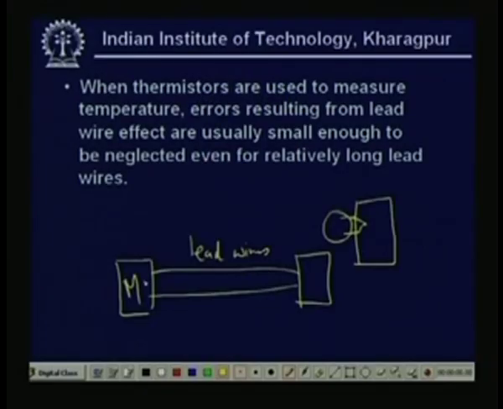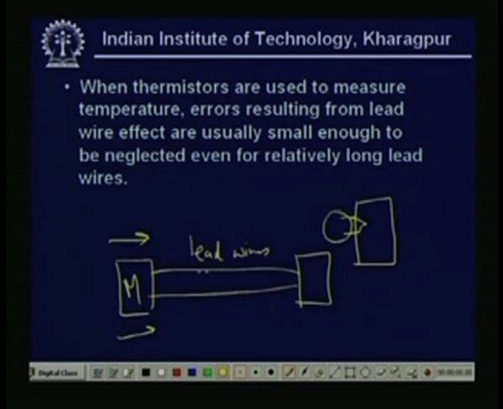Now, actually lead wires are not very critical in the case of thermistor, because the thermistor resistance value is quite high compared to the lead wire resistance. Suppose there is a temperature change along the lead wire. If you look at the meter from this side, what will it see?